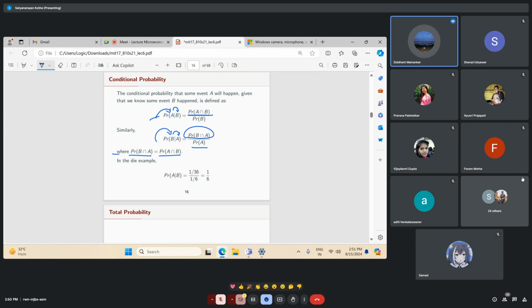Here in the given example, the probability of AB is equal to 1 by 36 divided by 1 by 6. Why?